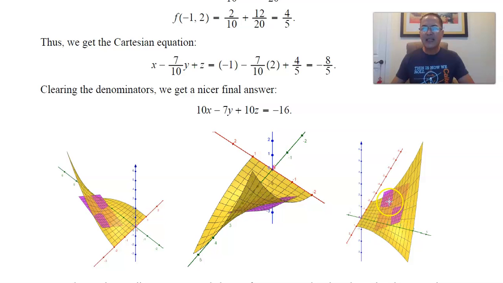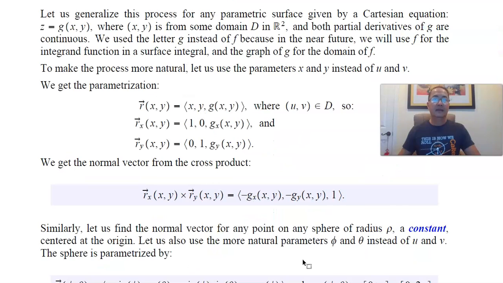As a matter of fact, they're cutting each other. Notice how you get these points which are in common to both the plane and the surface. So it's wrong for us to think that a tangent plane can only intersect a surface at exactly one point. That is obviously not true in this case.